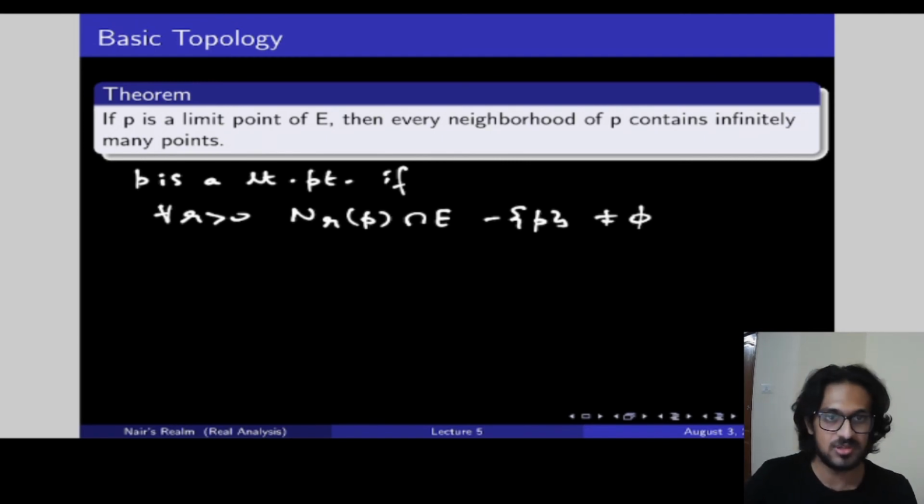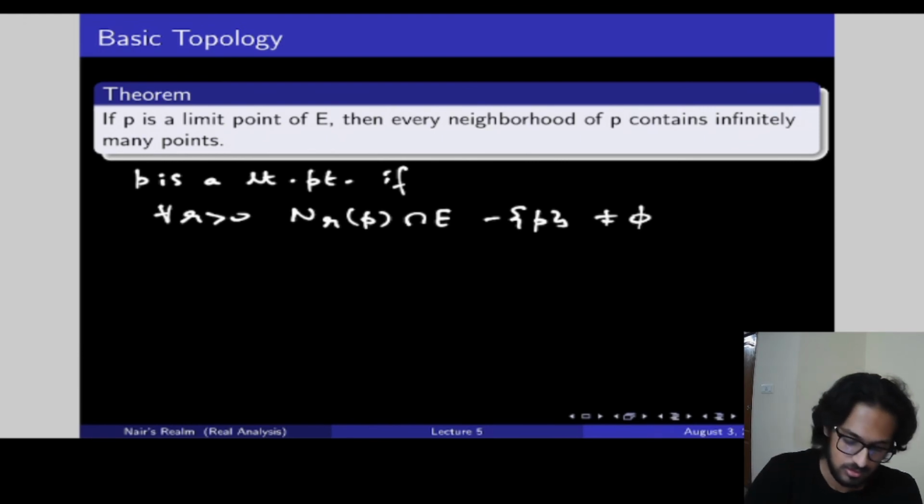This is the definition of a limit point. But what is another way to visualize it? This theorem states that if a point P is a limit point of E, then every neighborhood of P contains infinitely many points of E. Correct?